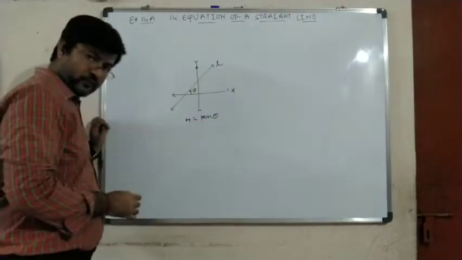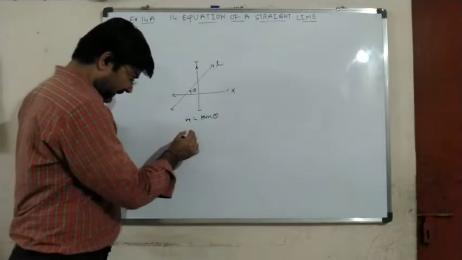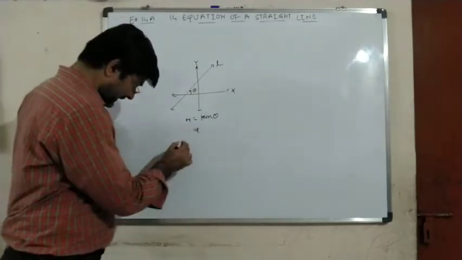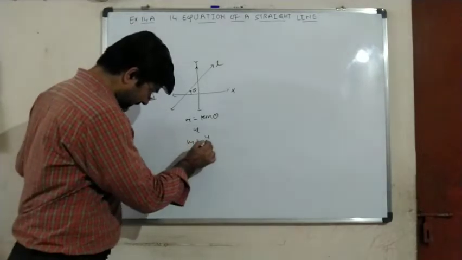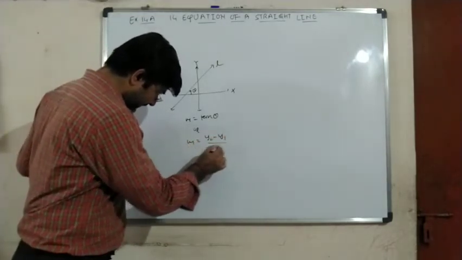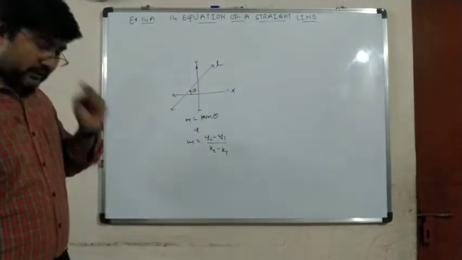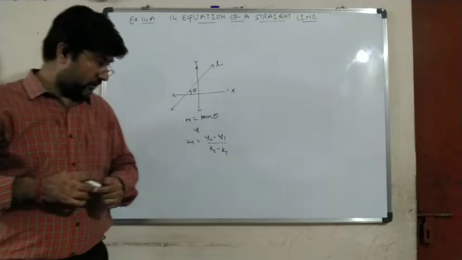Yes or no? Clear? Or suppose we are given any 2 points on the line, in that case slope m is given by (y2 minus y1) upon (x2 minus x1). Okay, so this is the slope.